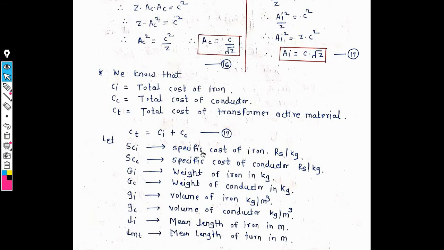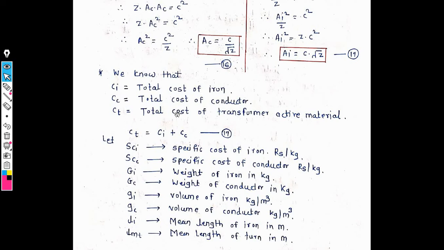SCI means specific cost of the iron, SCC means specific cost of the conductor in rupees per kilogram. GI means weight of iron, GC means weight of conductor. Vi means volume of iron, Vc means volume of conductor. LI means mean length of iron in meters, and LMT means mean length of turn. These symbols are very important for finding the optimum design of the transformer.